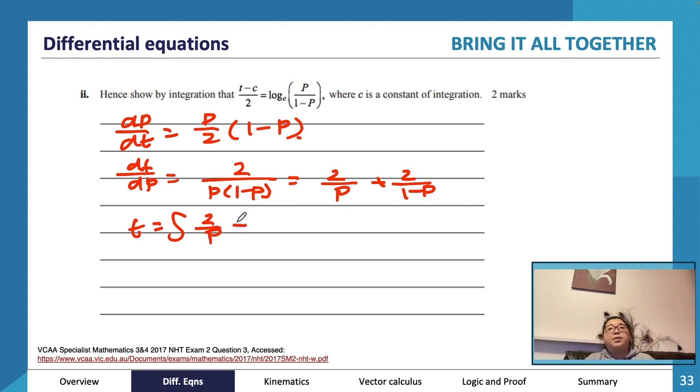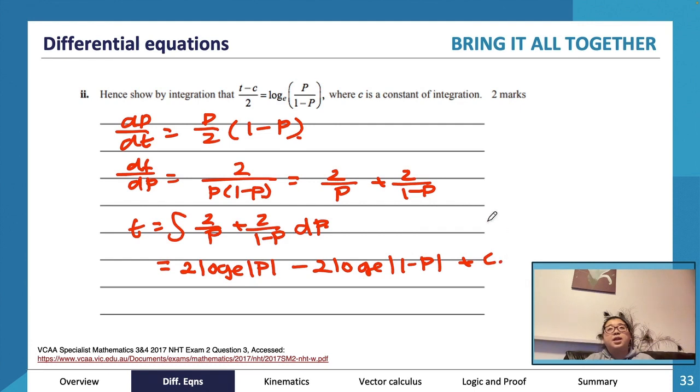2 over p plus 2 over 1 minus p dp, which is going to be equivalent just to 2 log e p minus 2 log e 1 minus p, because of the p being negative here, and then plus c at the end. So that's equivalent to t, and then we want to make sure it's in that form that they wanted it in.